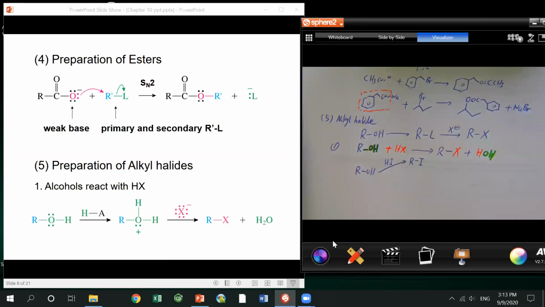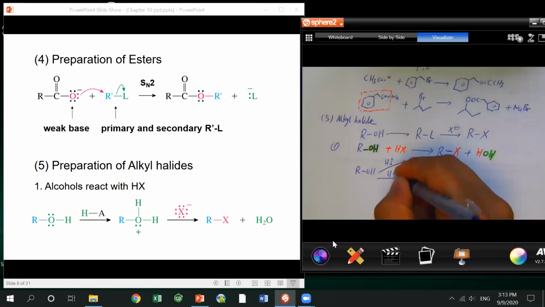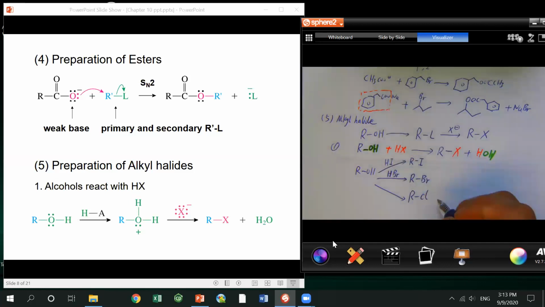If you want a bromide, HBr is also pretty good. Both are very strong acids. But if you want to prepare the chloride, HCl is not enough.